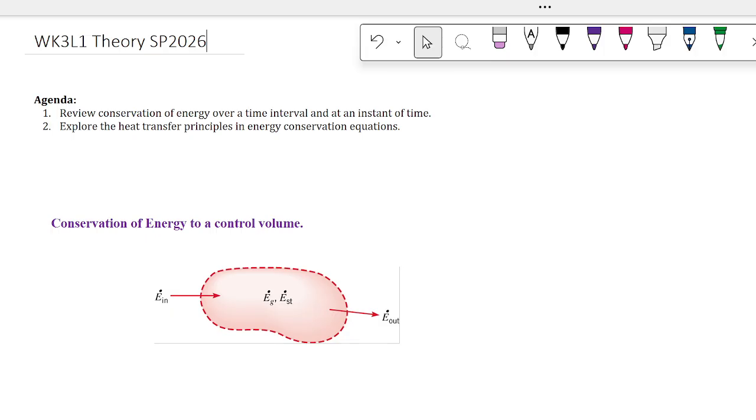Let me get my class note here on my end. Okay, so let's start with this sketch. You're seeing a bean-like shape here. Obviously, the bean is referring to any control volume. It could be anything, so it's arbitrarily shaped this way. You don't have to draw the bean or anything.